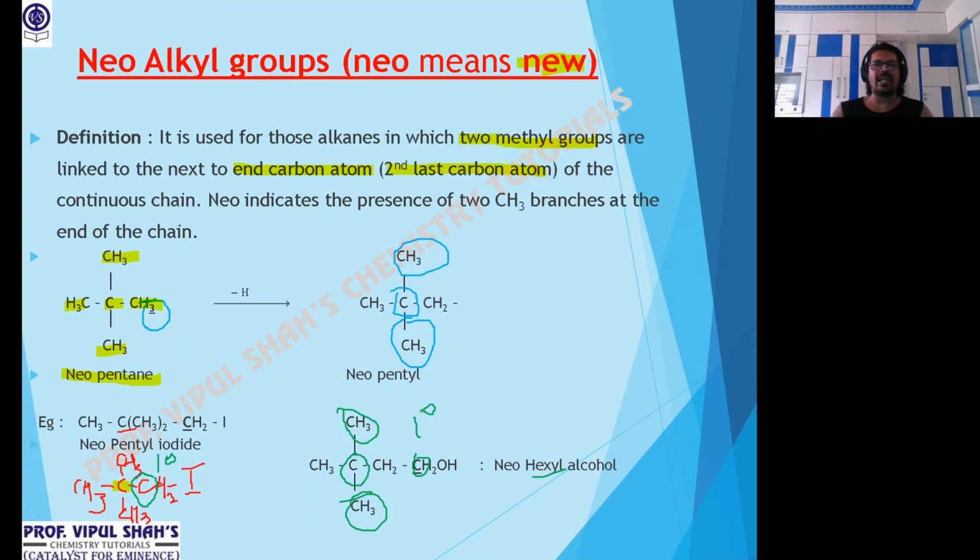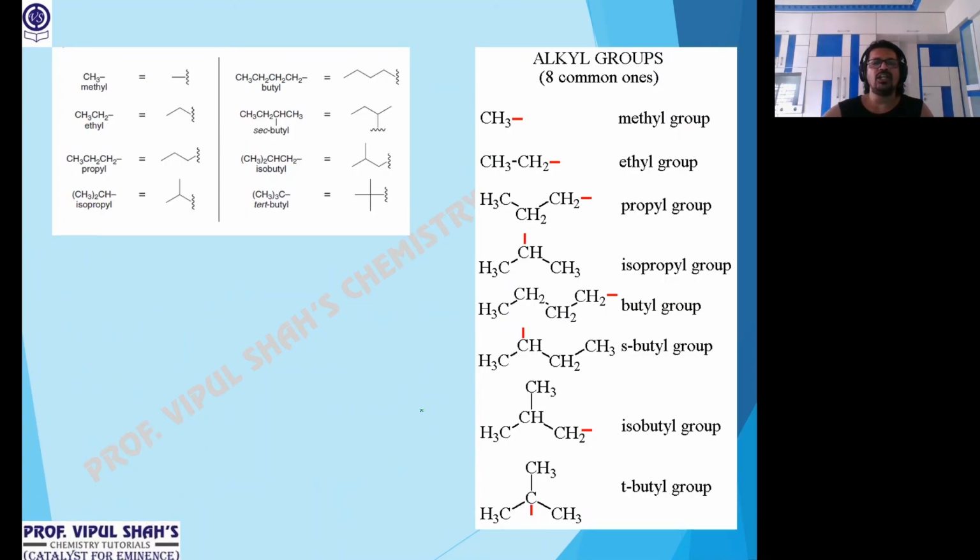Last, we will do a recap with respect to the groups. Observe this, this is the last part of it. Alkyl groups: in methyl CH3, I've given the bond line formula, a single line dash, and the scratch shown here means its valency is unsatisfied. Same way ethyl, 2 carbon atoms, this is 1 and this is the second.